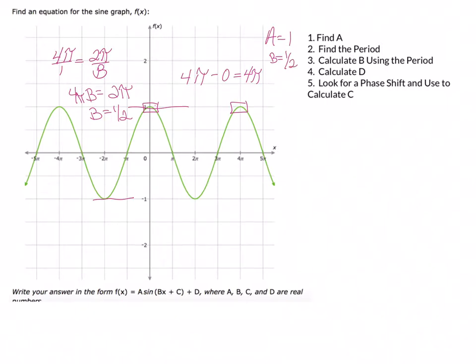So then let's calculate d. How much do we shift off of the horizontal axis? Do I shift up or down from the midline here off of the x-axis? And I don't. In this case, d is 0 again. So now let's look for a phase shift.